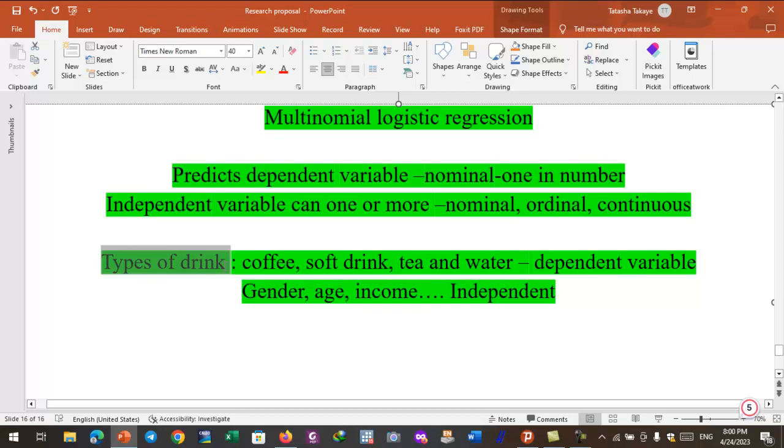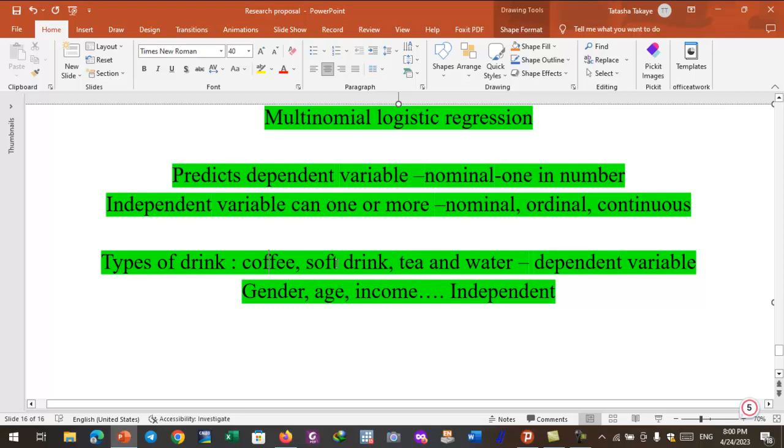What makes the dependent variable nominal is that within the dependent variable type of drink there are four groups: coffee, soft drink, tea, and water. When the respondent is asked to indicate which type of drink he prefers most, he will say coffee, or soft drink, or tea, or water.